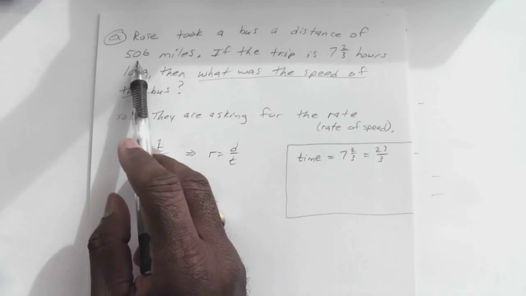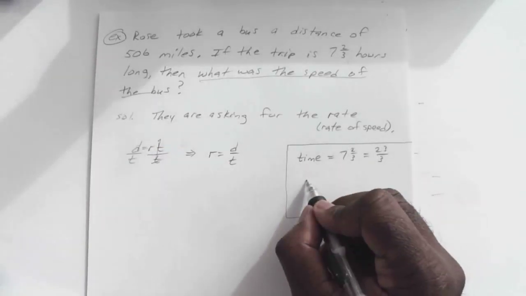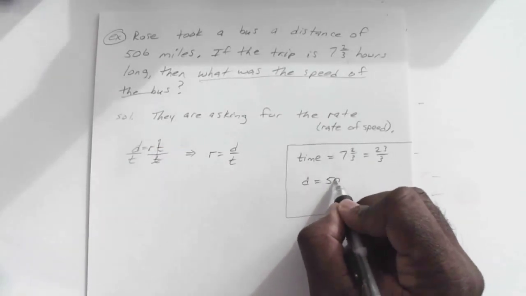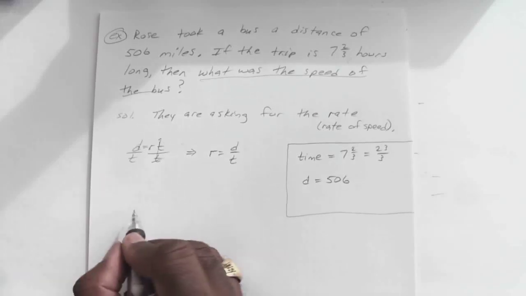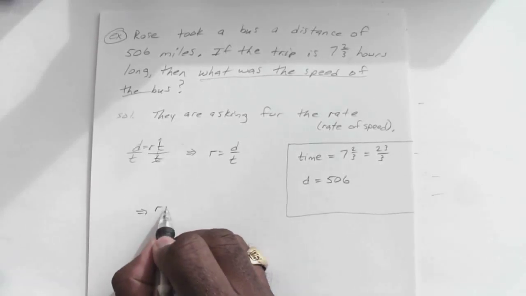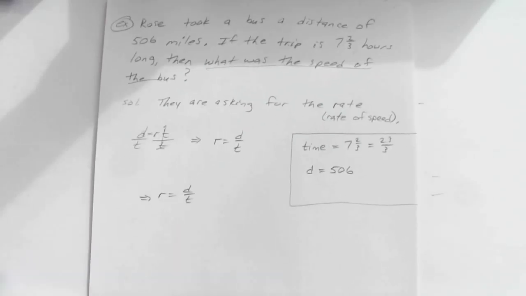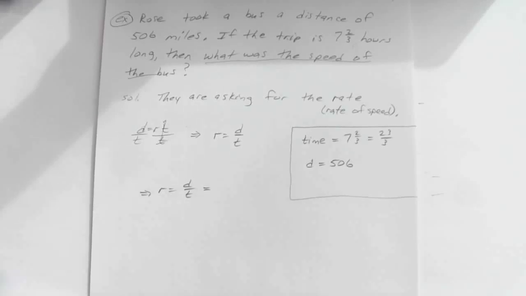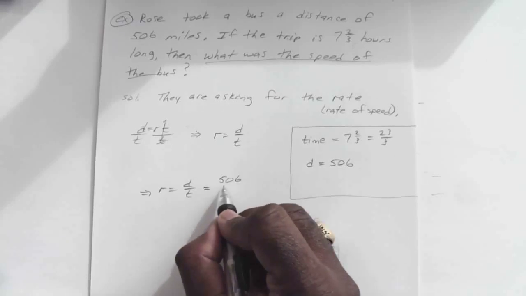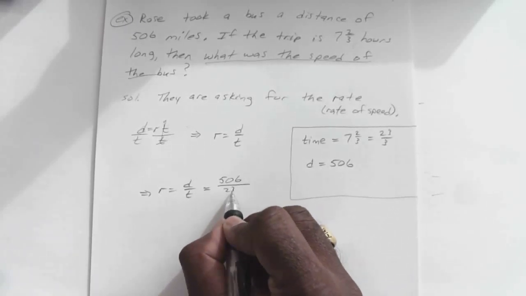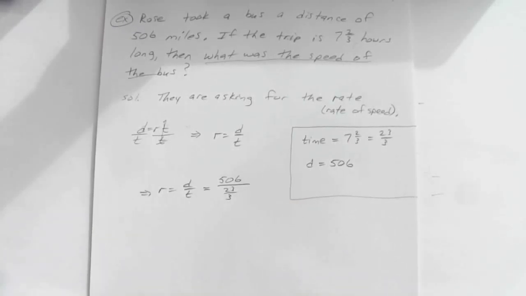We know its distance is 506 miles. So distance is 506. So now we just go ahead and plug everything in. So rate equals distance over time. That's going to equal 506 over 23 divided by 3.